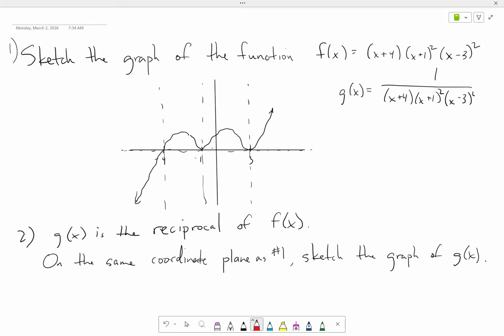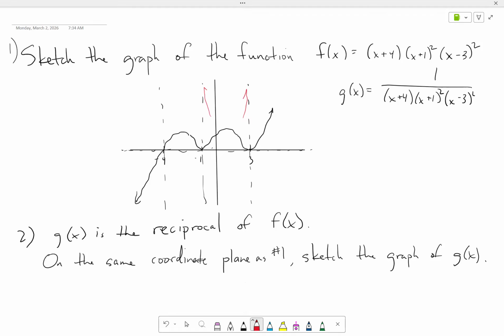I see that from the polynomial function, I'm going to start with between -1 and 3. All those values are positive, aren't they? If we're taking the reciprocal of those positive values, the result will be positive. So it's definitely going to be going up here. Oh, that's poorly done. Up here and up here.